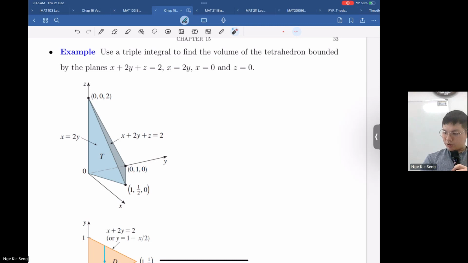First of all, you might want to find all these vertices. To find all these vertices, you just solve the system of linear equations where they intersect.